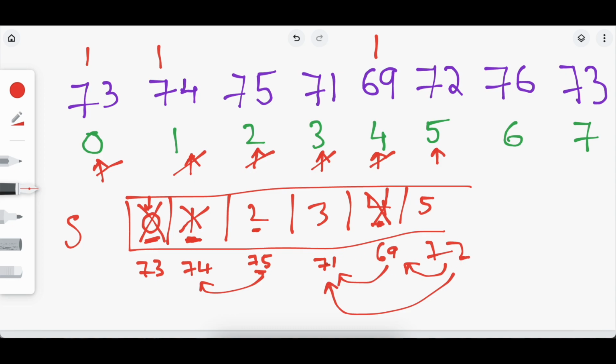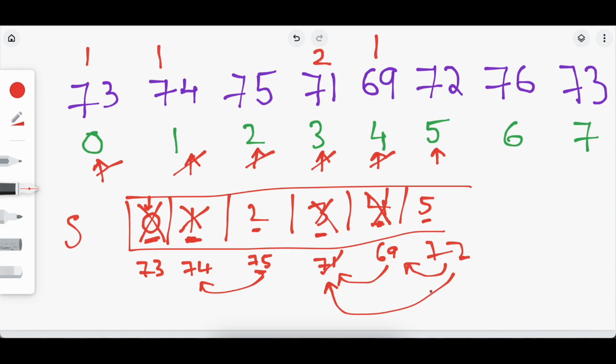Now is 72 greater than 71? Yes, it is. That means if I'm at the index 3, when is the warmer day towards my right side? It's at index 5. This suggests that for index 3, I'll have to wait 2 more days in order to reach the temperature 72. So for index 3, it's going to be 5 minus 3, which is going to be 2. All right, now this is also popped. So index 3 also popped.